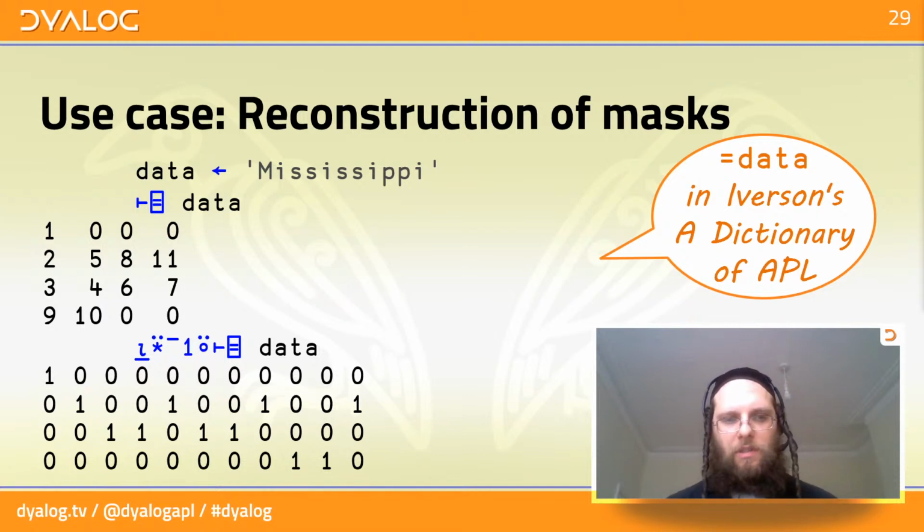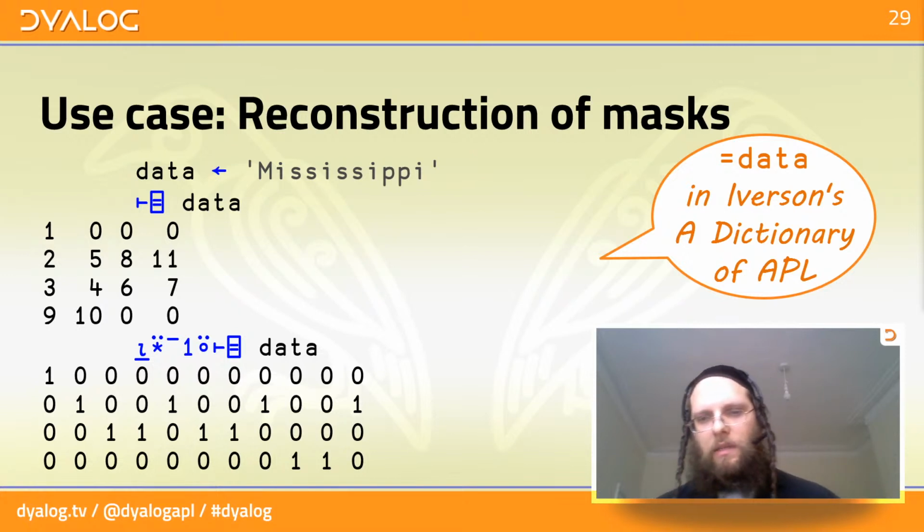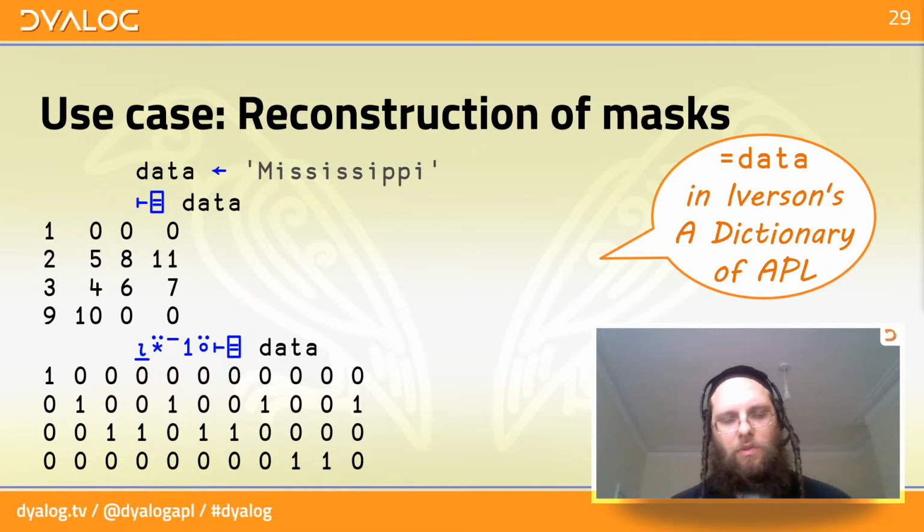But if you sum the rows, you go back to a count for each unique element. Let's see, what else would you use it for?